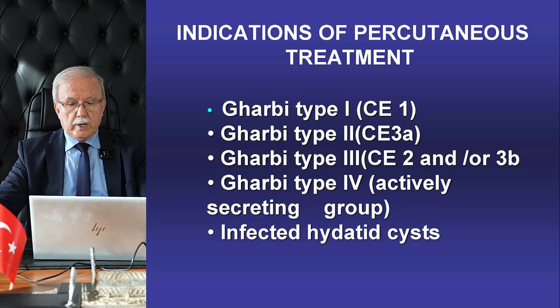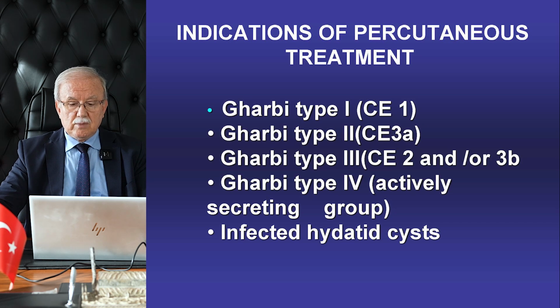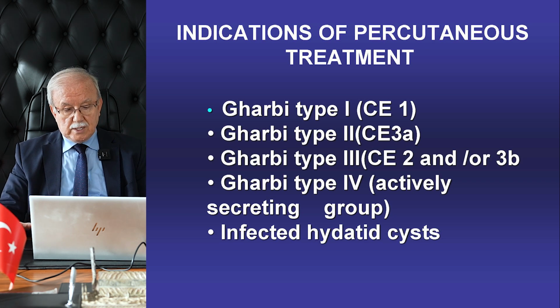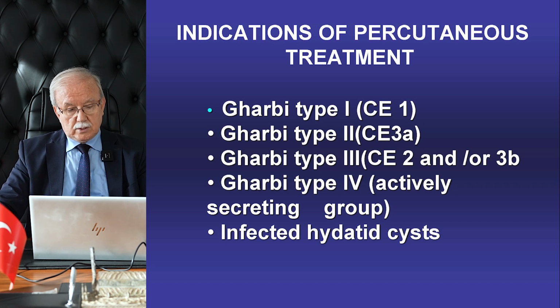As for indications of percutaneous treatment, we generally treat Gharbi type 1, type 2, and type 3, but seldom, if Gharbi type 4 is actively secreting juice and the diameter of the cyst is increasing, then in this case we treat those cases too.